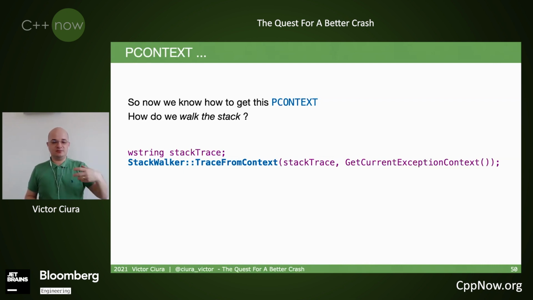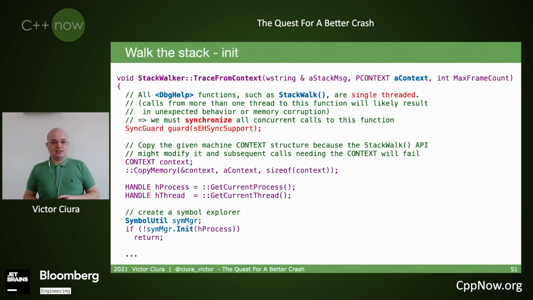In all scenarios, it was the same function, StackWalker trace from context. Well, this is where all the bits are happening, where all the information is mined and transformed in a consumable way. So we have the input, this context, and max frame count is just a limiter you can ignore for now.